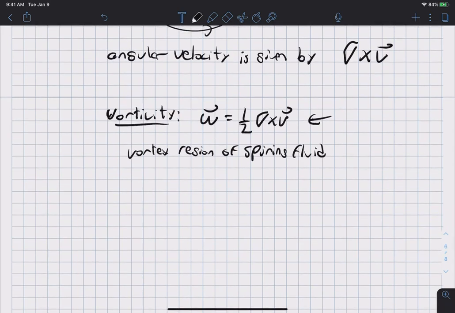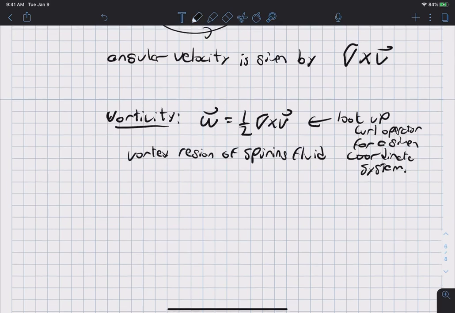You just need to look up the curl operator for a given coordinate system. Okay, and so for the previous example, you should be able to find the vorticity at the point 0.5 meters and 5 millimeters. Okay, so that's a fairly straightforward application of the curl.